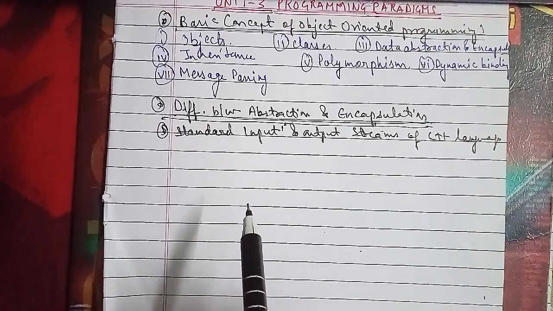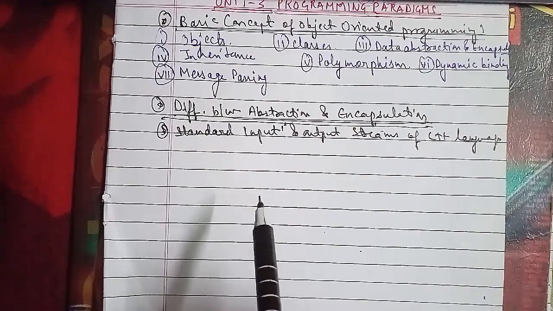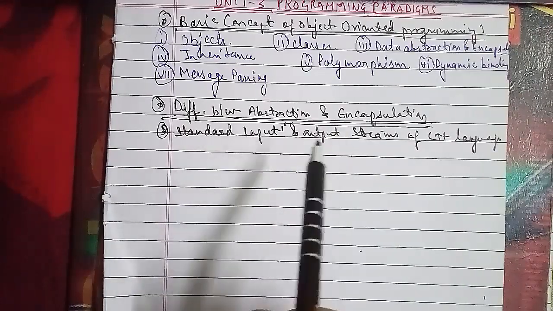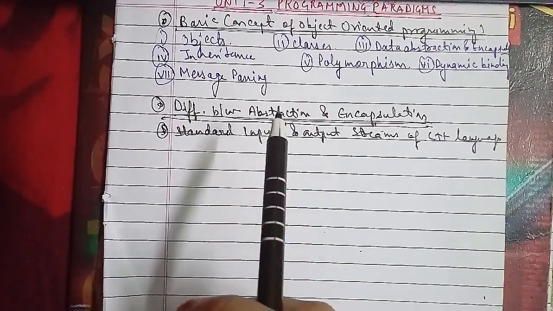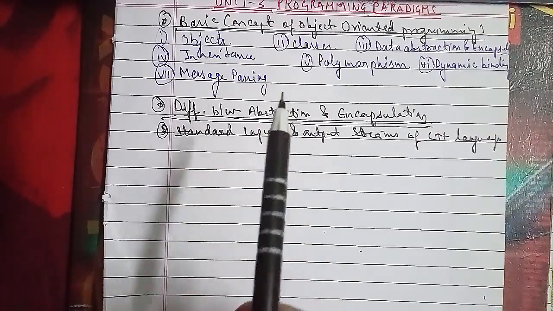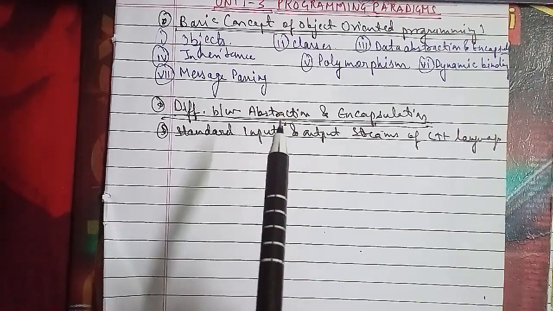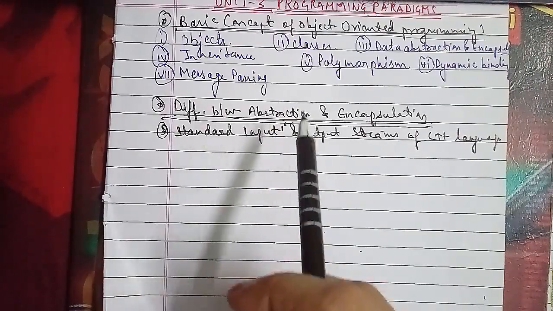For the standard input stream, the keyword cin is used for inputting. It is an object, and the overloaded extraction operator is used with the standard input stream cin.